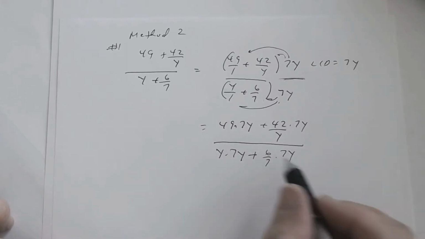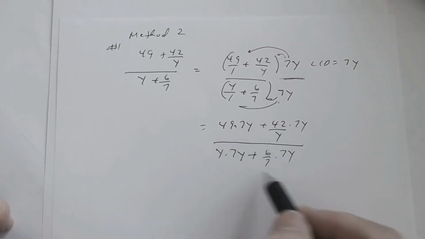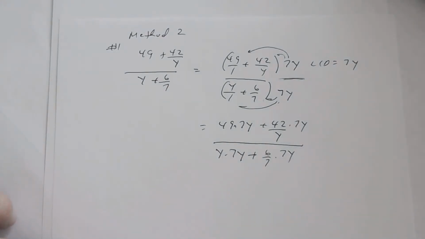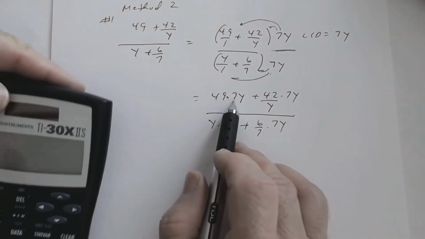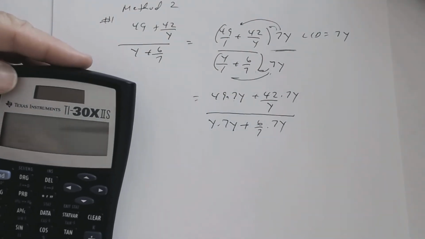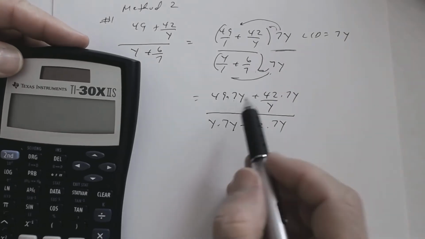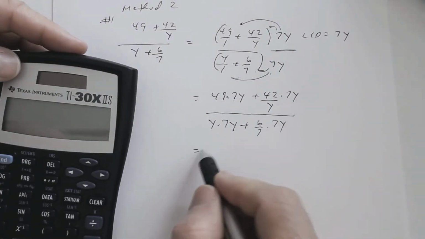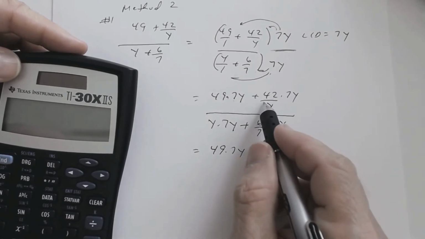All right, now let's go ahead and reduce each of these terms, and let's see what we get. So I get 49 times 7y, and I'm going to just leave it like this for right now, plus, and then over here the y's divide out, right?